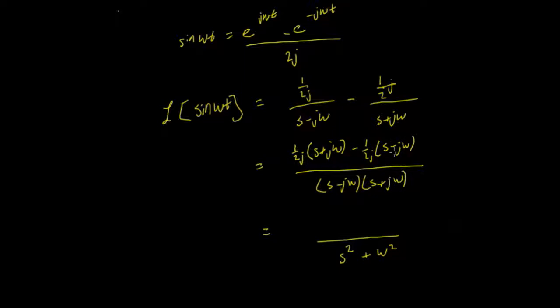So we'll have plus j omega, the j's cancel out, and it's a half plus a half of it, so you're just left with omega, where the real part of s is greater than 0. So that's the Laplace transform of sine omega t.